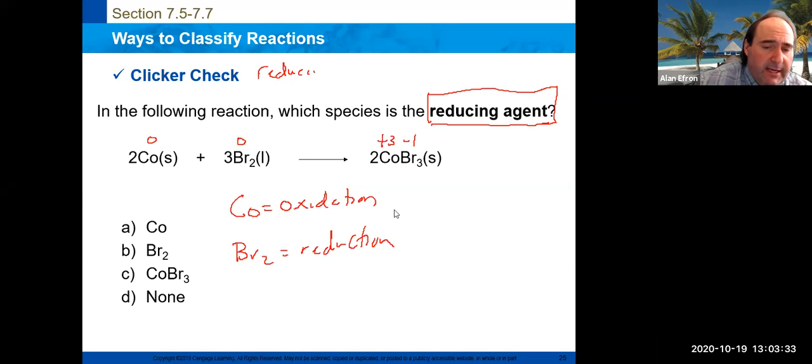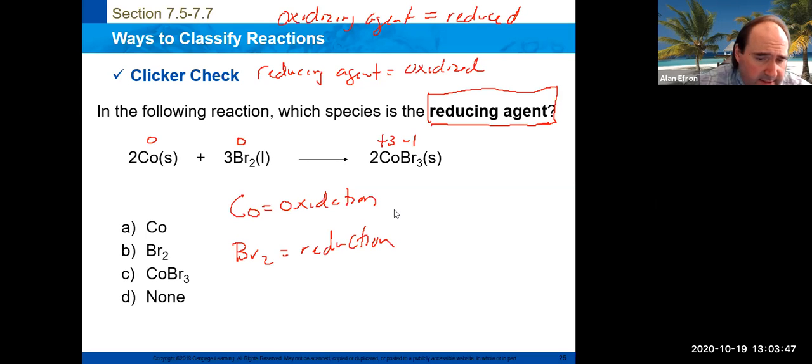The reducing agent is the substance that gets oxidized, while the oxidizing agent is the substance that gets reduced. With that in mind, since cobalt is going through oxidation, the cobalt would be the reducing agent.